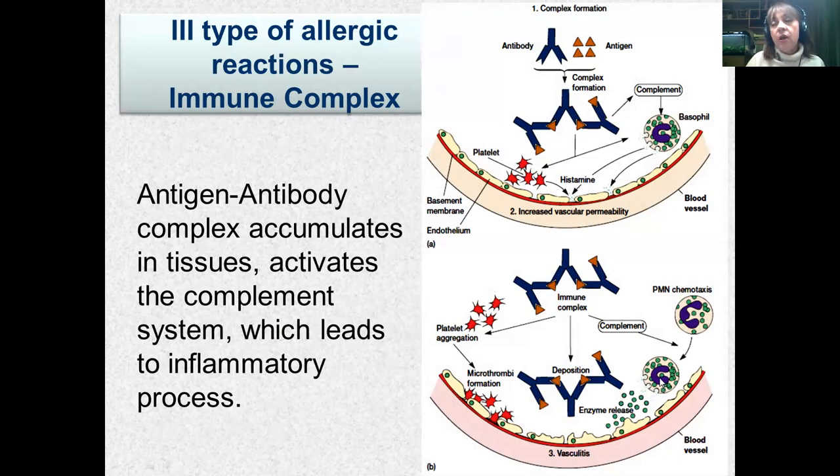Neutrophils produce proteolytic enzymes, basophils release histamine and heparin, and it causes inflammation and necrosis of endothelial cells in blood vessels, and attachment of platelets, and thrombosis, necrosis as a result.